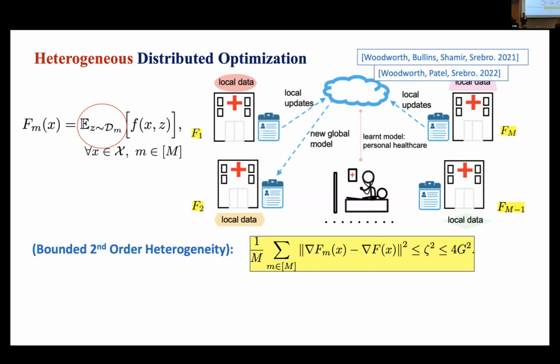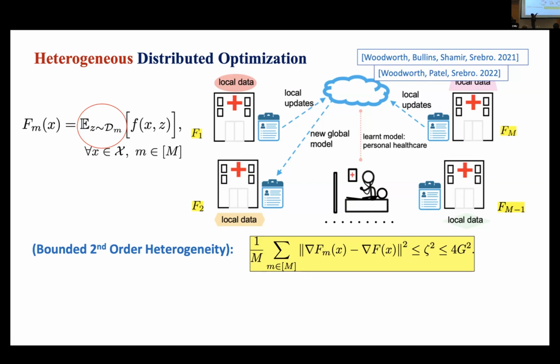But if the collaboration is actually going to help us, if this aggregation of datasets is actually going to help us, we have to assume that the distributions are not completely the same, but somewhat related. So how do we assume that the distributions are somewhat related? This is something studied in the literature.